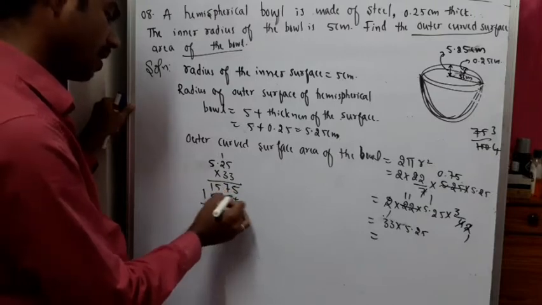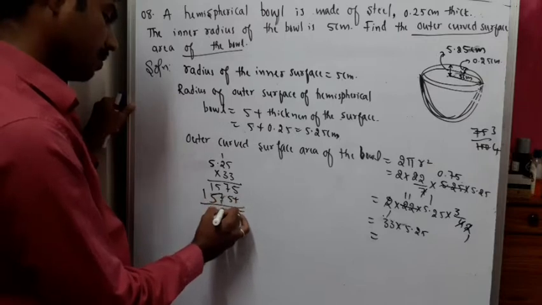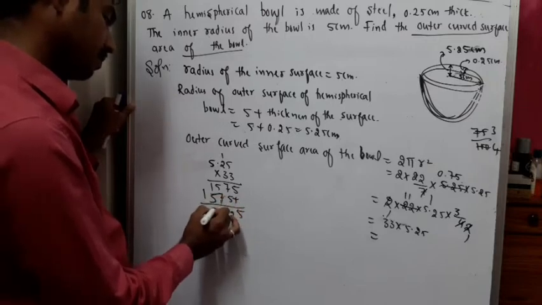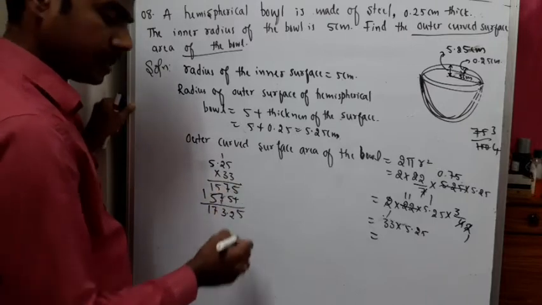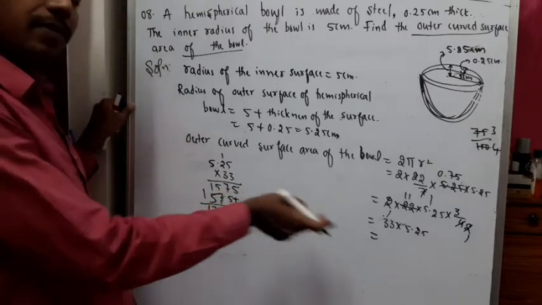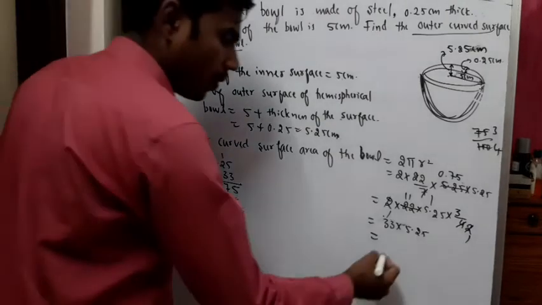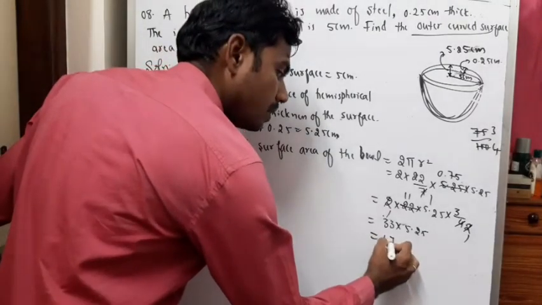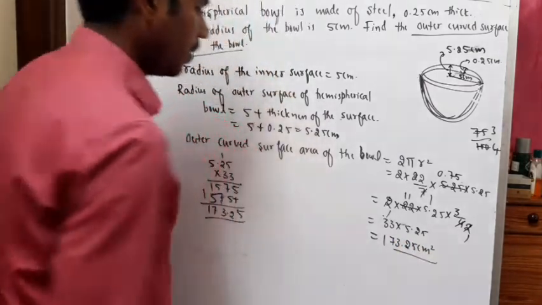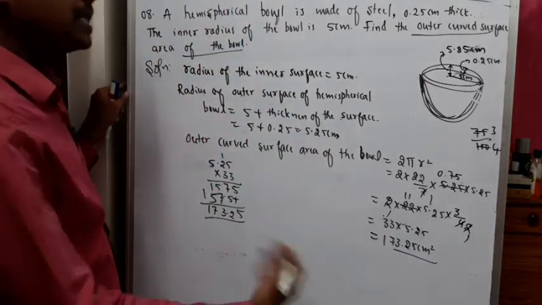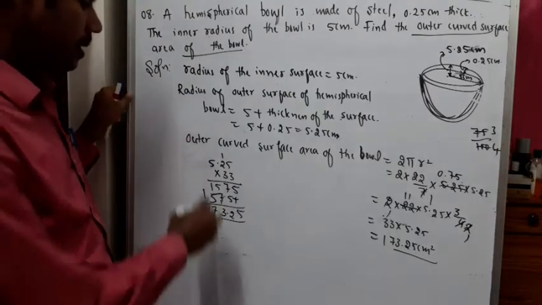So 1 5 7 5. I need to place the decimal after 2 digits from the right end, that is 2 digits. 173.25. 173.25 centimeter square. The outer surface area of the hemispherical bowl is equal to 173.25 centimeter square.